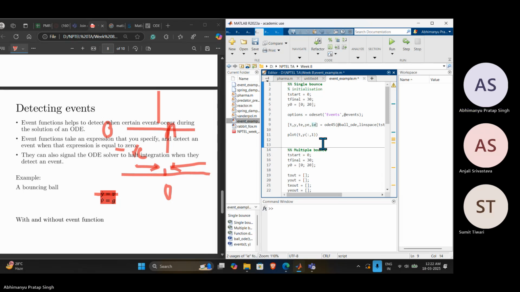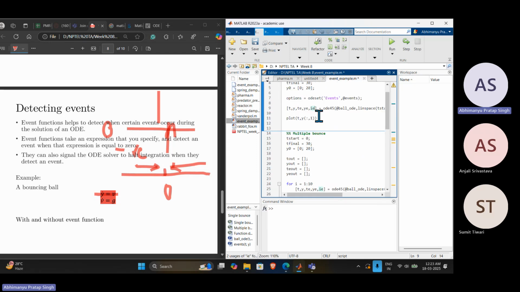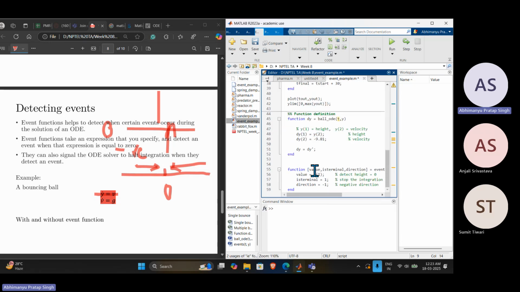One other thing is that these values, value, terminal and direction, need not be a single value. They can be vectors. Suppose I have two variables, y1 and y2. I can put two different conditions for y1 and y2. In that case, I can write value as a vector, giving one condition for each.